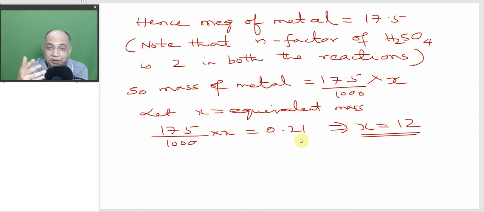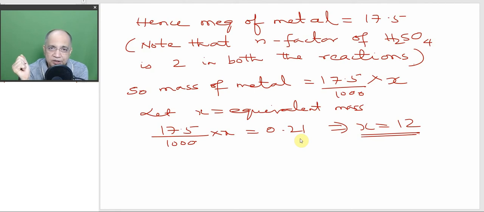But if you are involving a redox, then metathesis, then redox, metathesis, in a very heterogeneous manner, there can be a different n factor, the same substance but experiencing a different n factor.